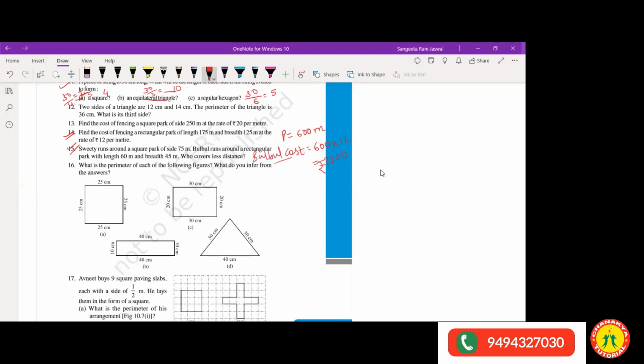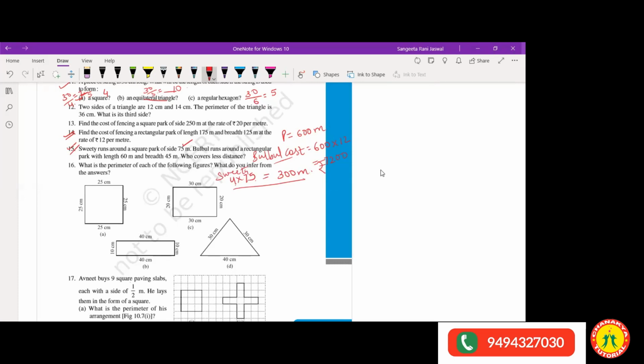Ma'am, how much distance did Sweetie cover? Can you say how much distance Sweetie covered? See, it's saying 300 meters. Ma'am, I got it as 320 meters, 4 into 75. No, Sweetie is running around a square park.